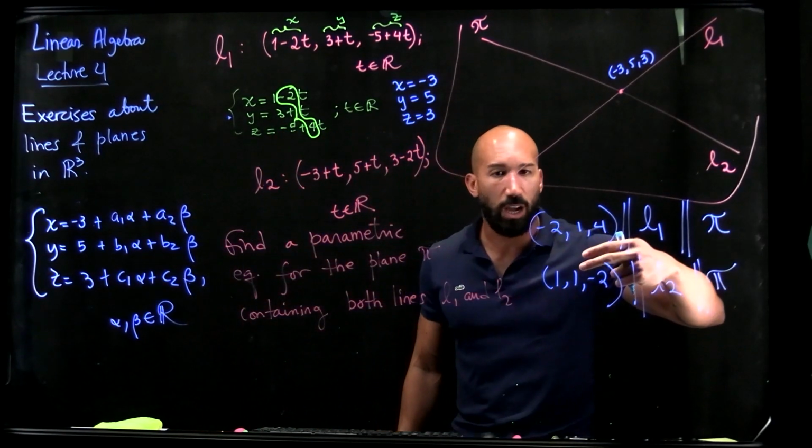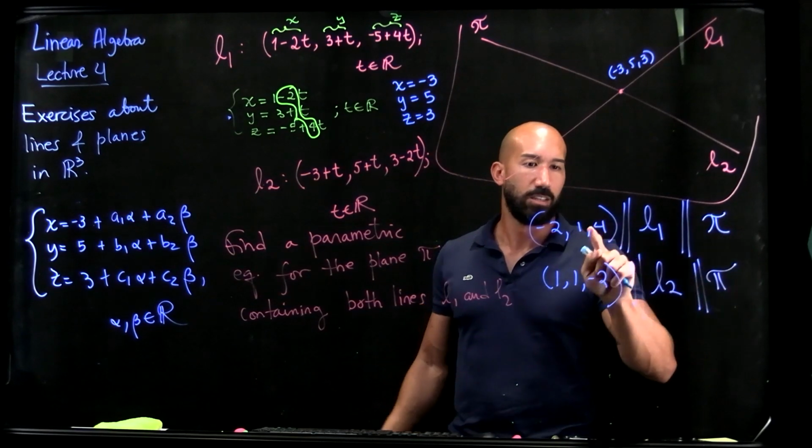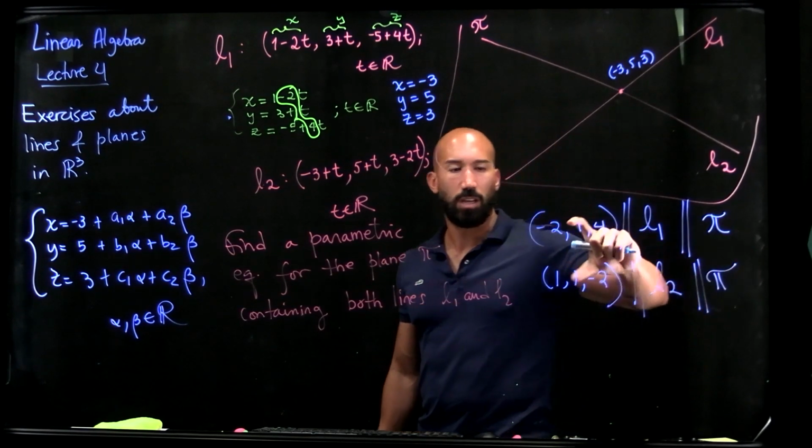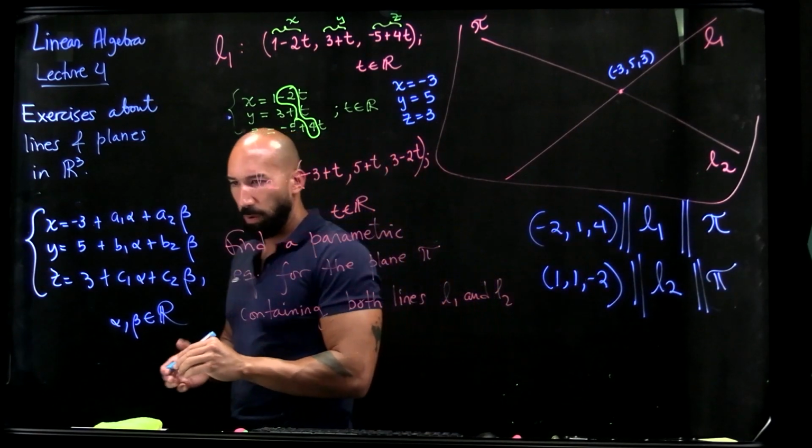And these two vectors are non-parallel, so I have everything that I need. Two vectors that are non-parallel, but each of them is parallel to the plane pi.